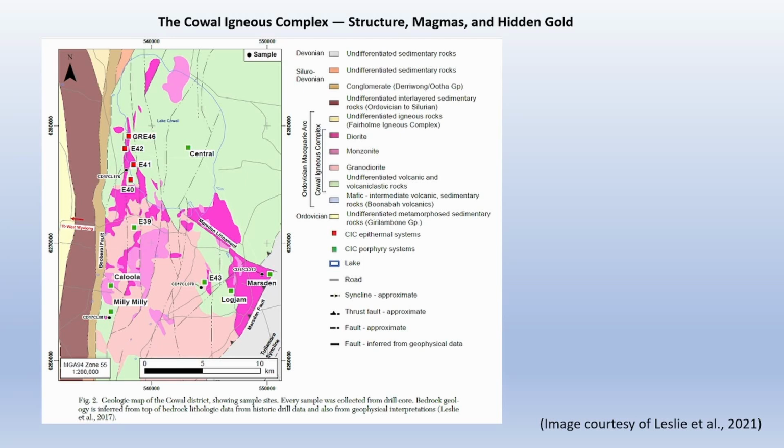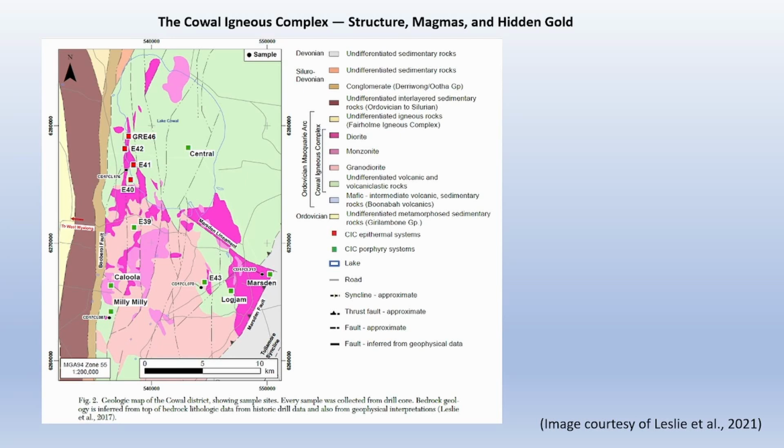And south of the Marsden alignment, you have large porphyry copper and gold systems with over 120 million tons at 0.46% copper and 0.27 grams per ton gold.